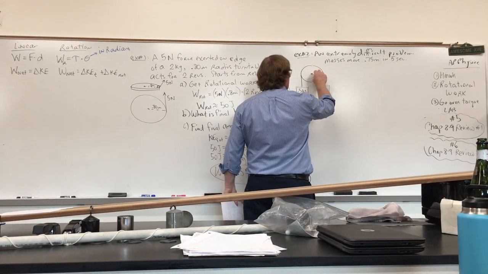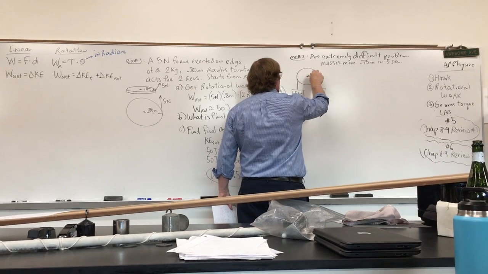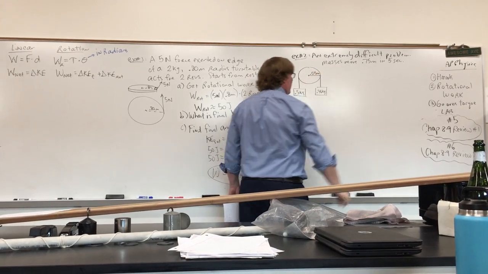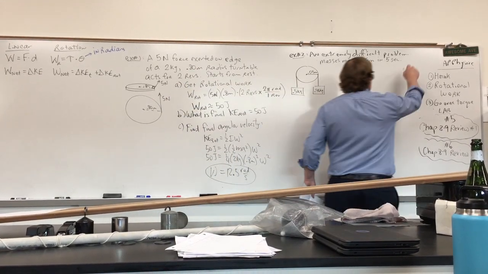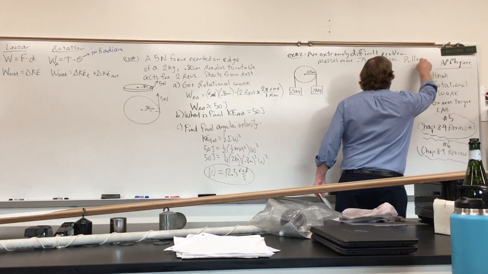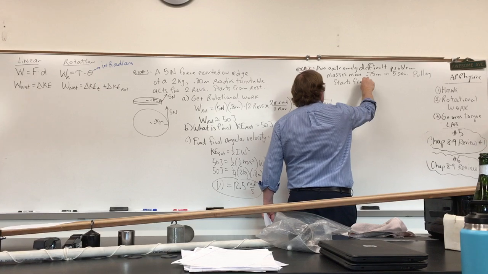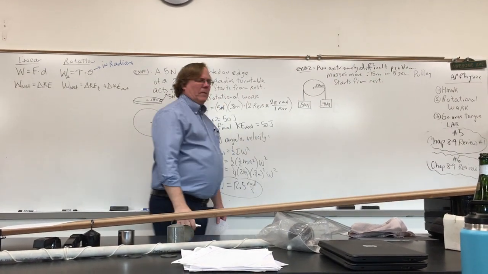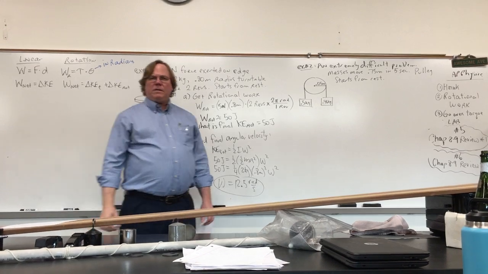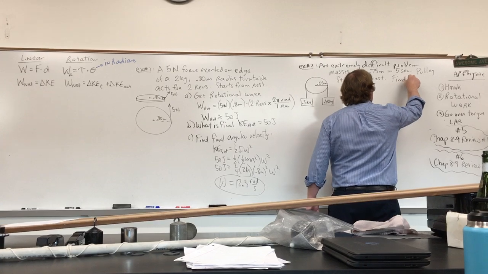It turns out the radius of this pulley is 0.05 meters. The pulley starts from rest. I'm asking for a simple thing: find the moment of inertia of the pulley.